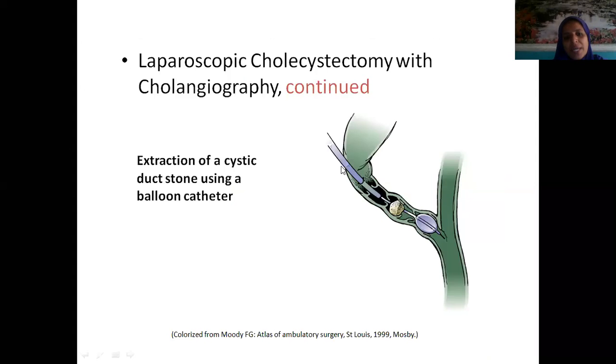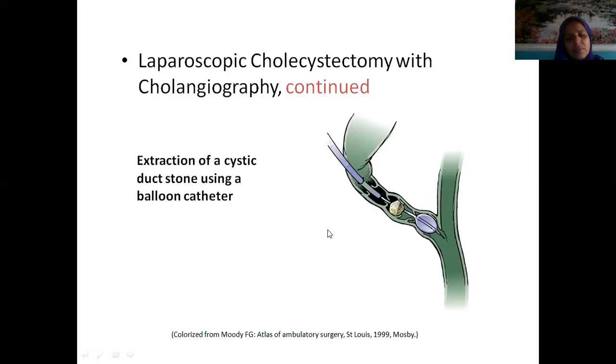Cholangiography is visualizing with the help of this tube. What is this? This is the cystic duct, and this is the common bile duct, and you are passing this tube from the cystic duct and trying to remove the gallstone through this route. So this is called a balloon catheter.